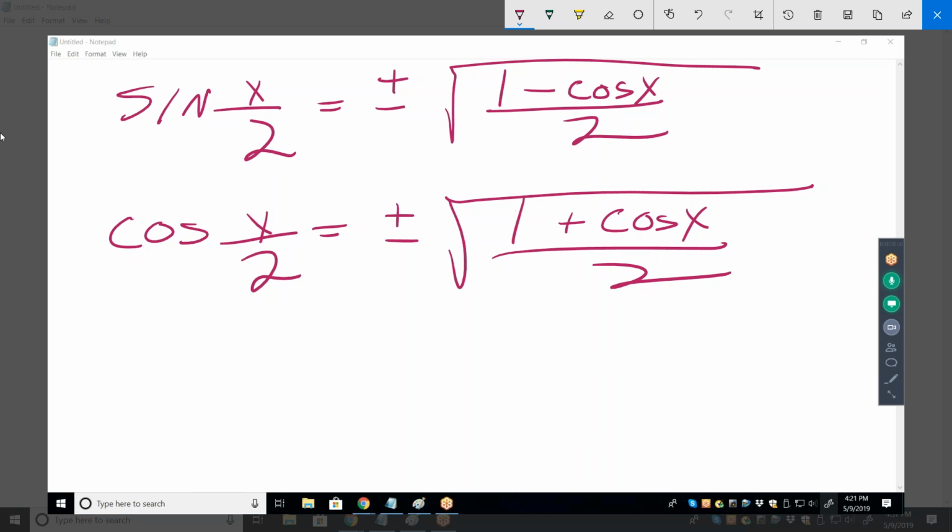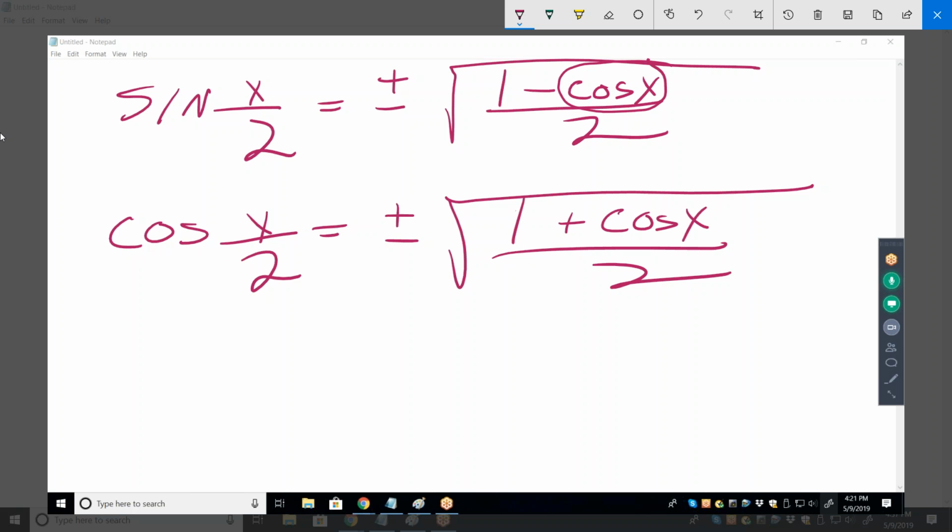But notice, to solve each one of them, we merely have to know what cosine of x is. Even if I wanted to know, say, the sine of 15 degrees, that's the sine of 30 over 2. So all I have to know is what the cosine of 30 is, and I'm going to have my answer.